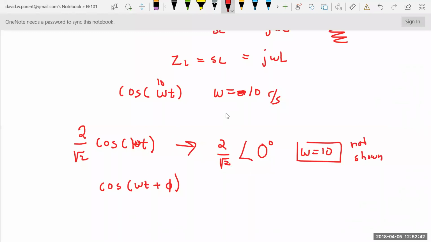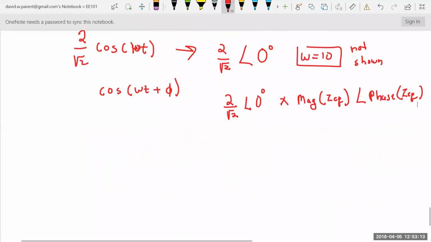So if I'm going to multiply this phasor times the magnitude of Z equivalent and the phase of Z equivalent, right?